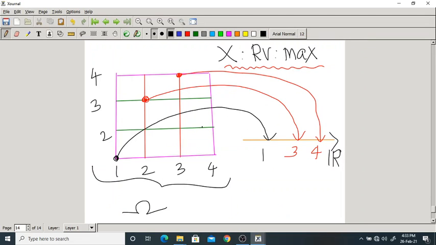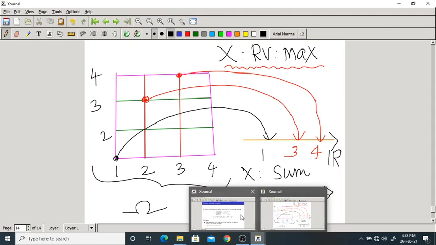In the same experiment, if I take the sum of two rolls: 1, 1, the sum is 2. 2, 3, the sum is 5. 3, 4, the sum is 7. So this is also another random variable. I have chosen x to be the sum. That is also another possible random variable.